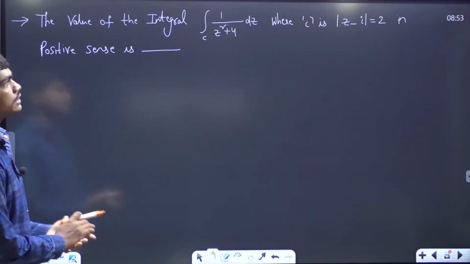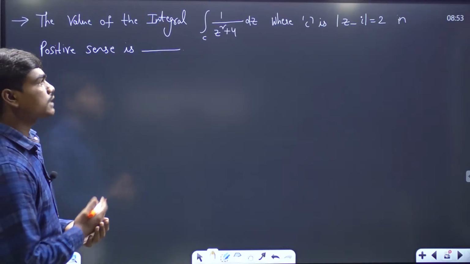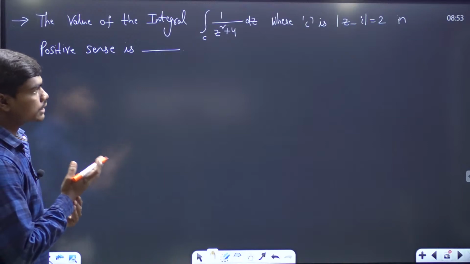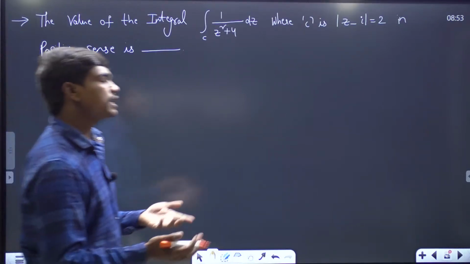The value of the integral over C of 1 by z square plus 4 dz, where C is modulus of z minus i equal to 2. Means basically that's also a circle. Of course, I permit you to identify the center, in positive sense, means in anti-clockwise sense.